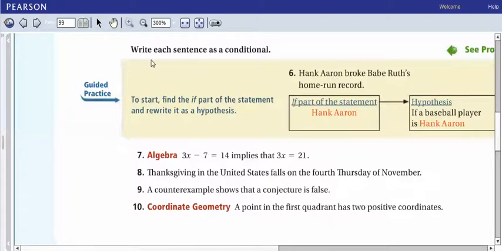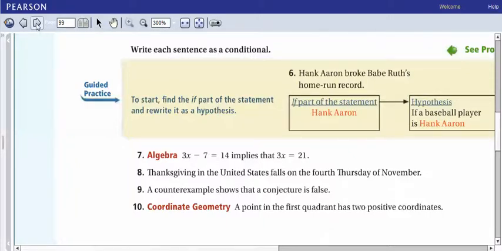In an if-then statement, you could say something like, if the player's name is Hank Aaron, then he broke Babe Ruth's home run record. Good. Okay? If 3x minus 7 equals 14, then 3x is equal to 21. Okay? So that's how you write each sentence as a conditional. You write it as an if-then statement.